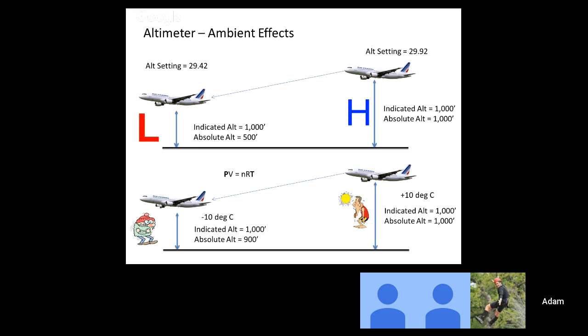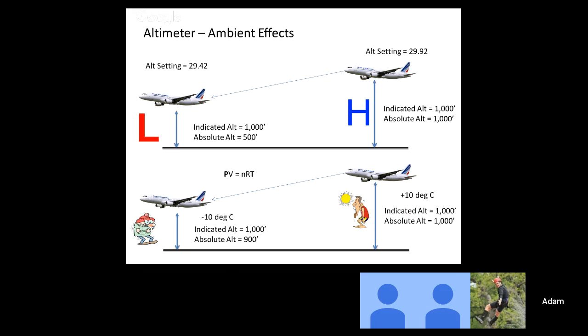And so it's really not quite as crazy, or I'll call it the magnitude of change isn't as much as the pressure is. But you can see in the example I gave there, 10 degrees Celsius, which is, I don't know, somewhere in the neighborhood of 40 degrees Fahrenheit maybe. You've got absolute and indicated 1,000.